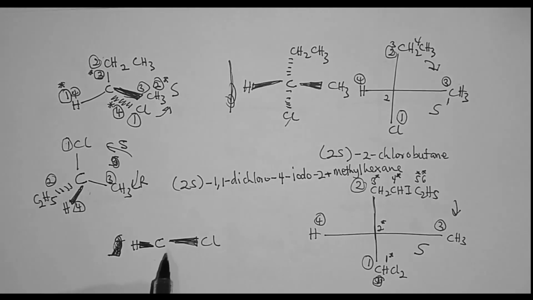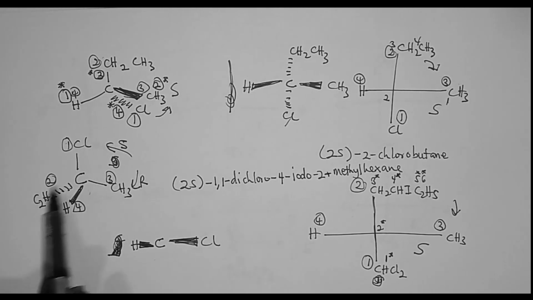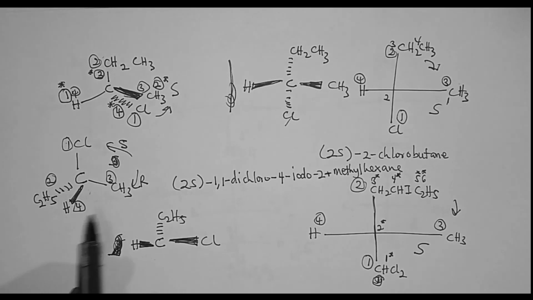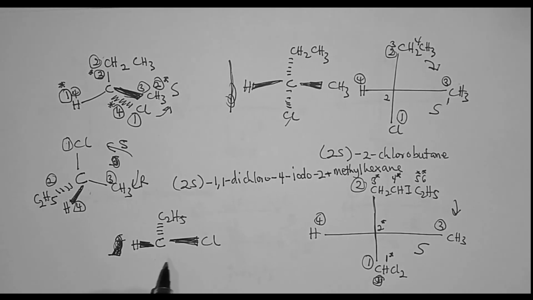But this ethyl group is pointing towards us. So I'm going to put the ethyl group. Sorry, the ethyl group is pointing away from us. So I'm going to put it at the top here. And it's the same for this CH3. So that one too is also pointing away from us.